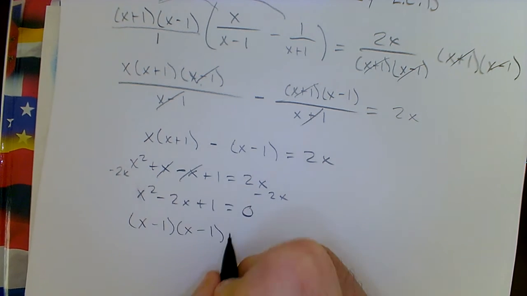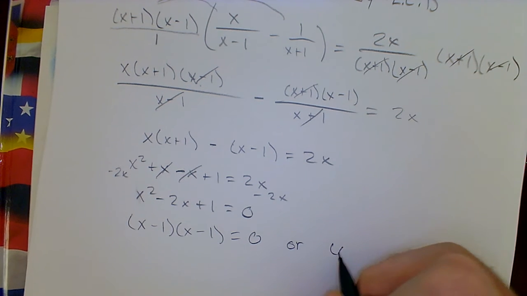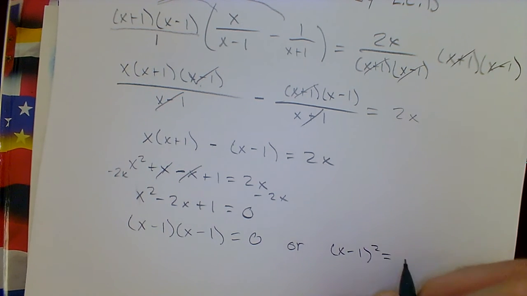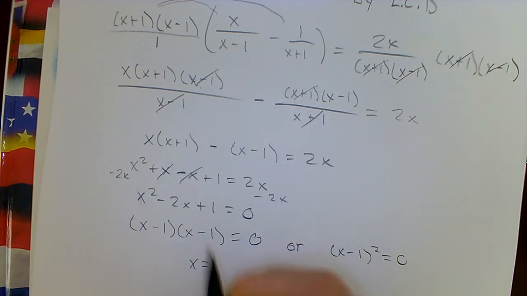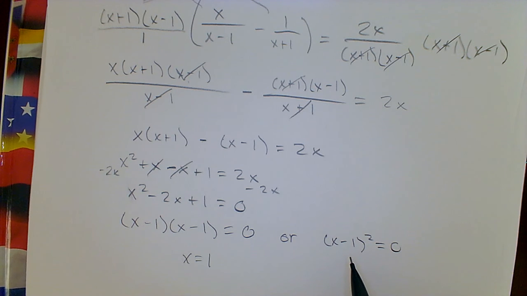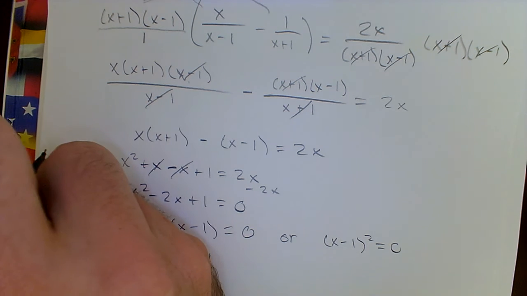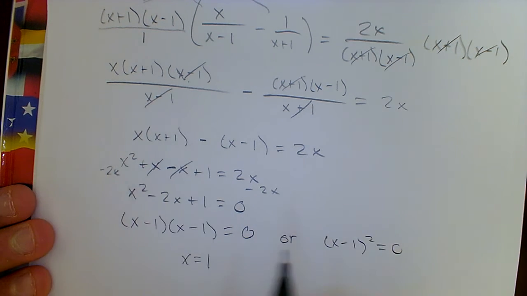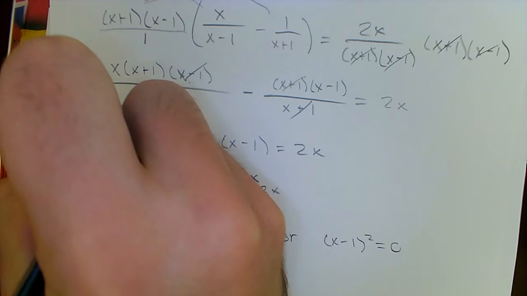So it's just x minus 1 times x minus 1, or x minus 1 squared equals 0. So this root, x equals positive 1 by adding 1 on both sides, has multiplicity 2, okay? Okay, so I guess I should maybe write step 3 here. So we have step 3, solve.